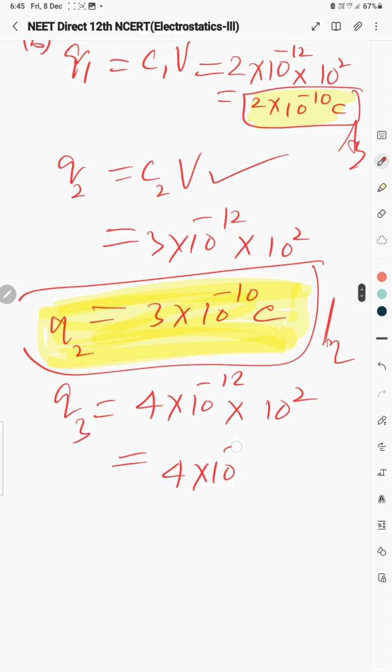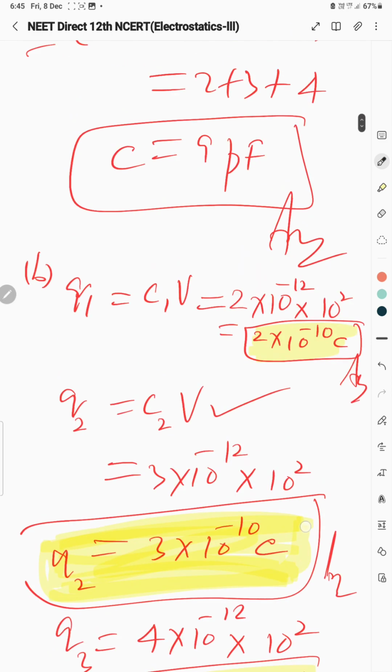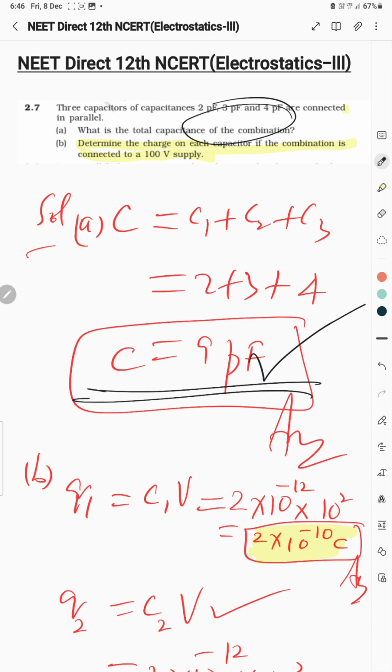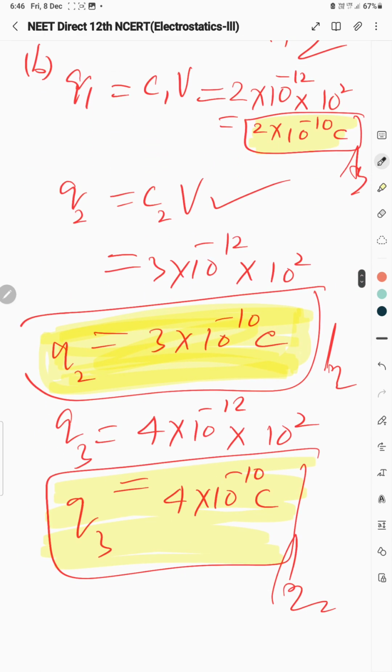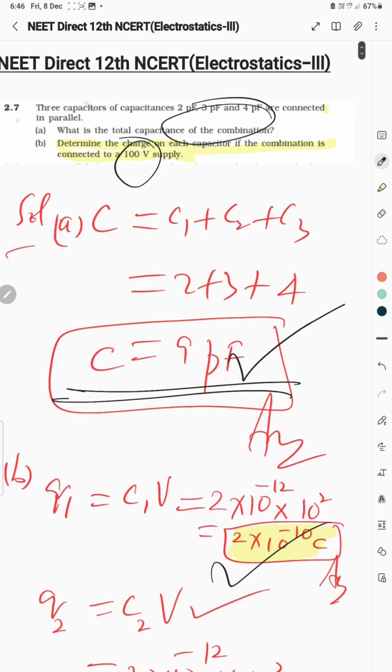So it is 4 × 10^-10 coulomb. This is the charge on the third capacitor. So overall, combining all three, the capacitance came to be this. Then we attached them to a 100 volt supply, so the charge on each is: on the first capacitor this, on the second this, on the third this. So that is the solution to question 2.7 of electrostatics day 3.